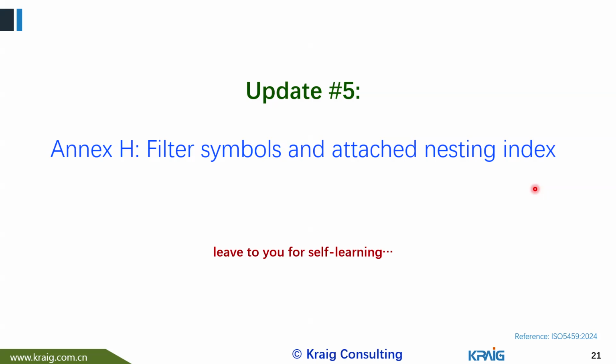In order to get a measurement properly, first we need to filter the roughness. So how do we do that? There are many different filter symbols we are going to use. In this video, we don't have time to learn this Annex H, so I leave it to you for self-learning.